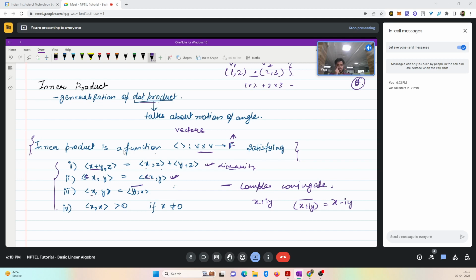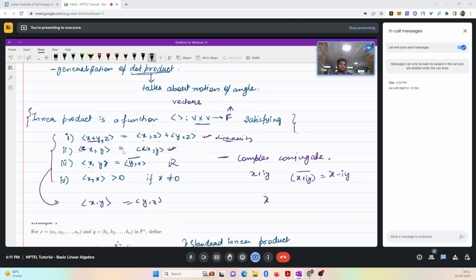If your field over here is just the real numbers, then this property becomes that the inner product of x, y is the same as of y, x, because for a real number x, the conjugate of x is equal to x, since you don't have any complex component.